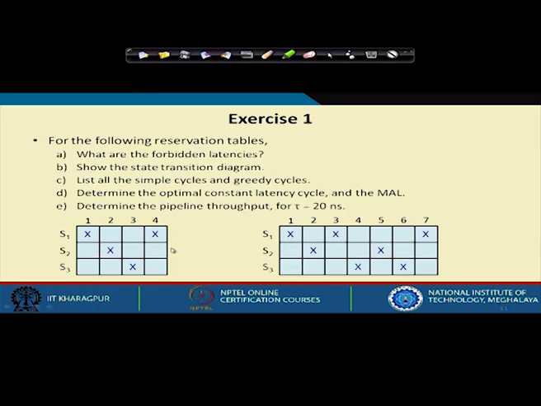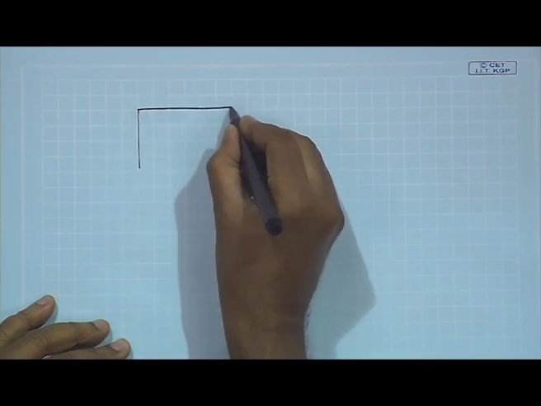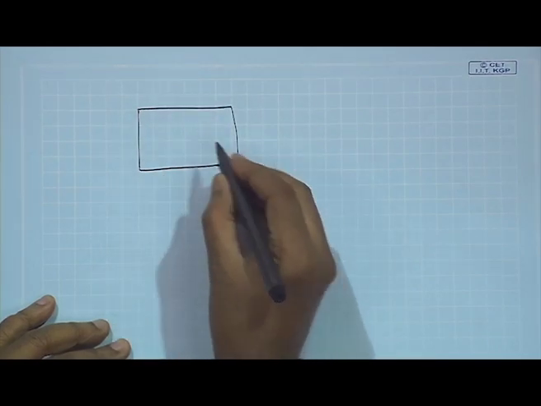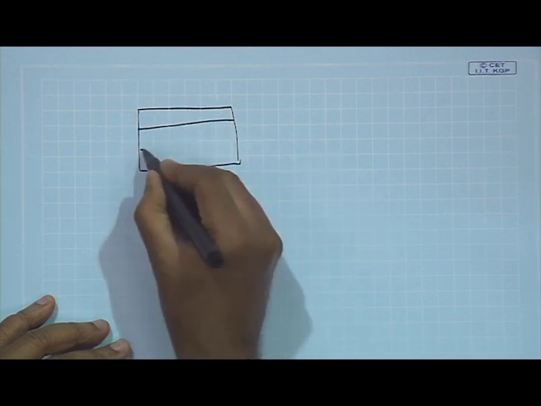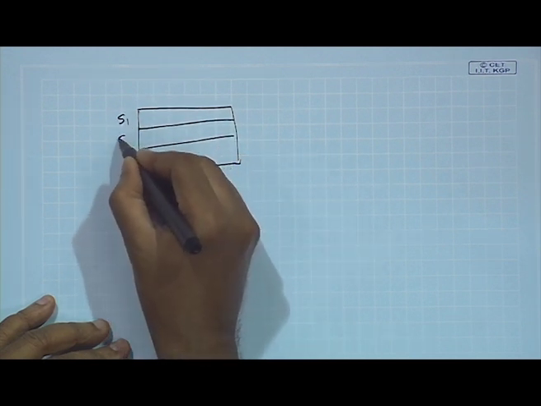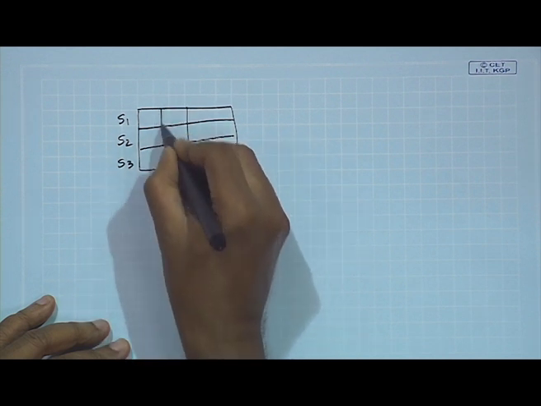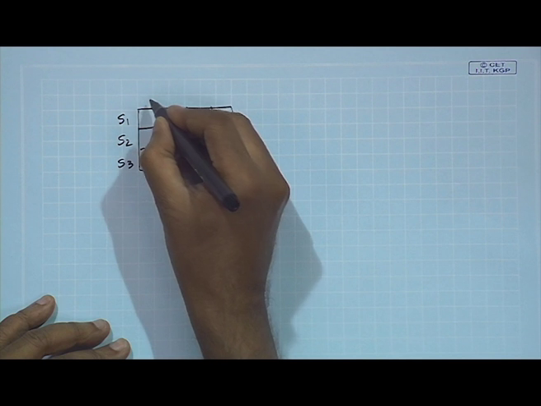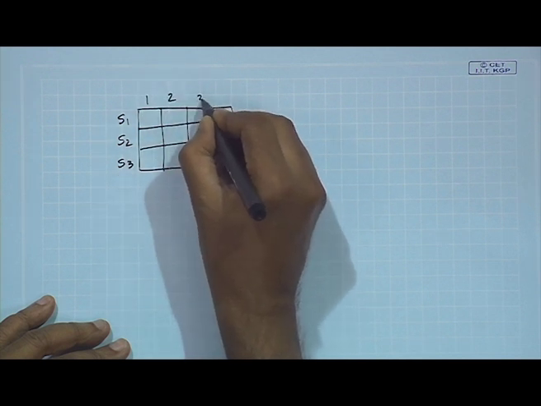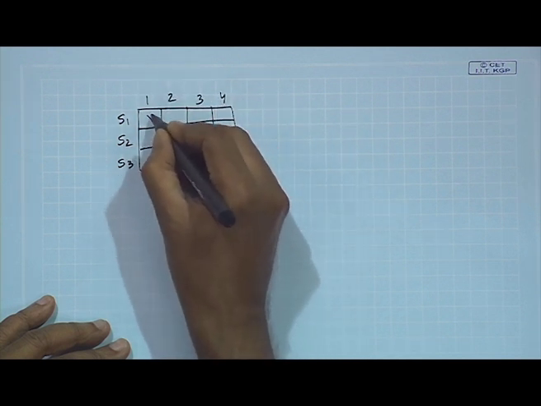Now, let us work out a couple of examples. Let me work out one of them, and one of them I leave as an exercise for you. Let us take the smaller one. Here we have a reservation table where there are 3 stages, S1, S2 and S3, and there are 4 time steps required for a computation.